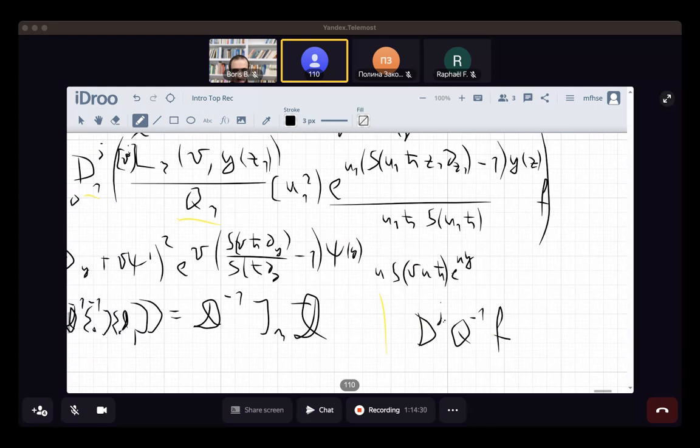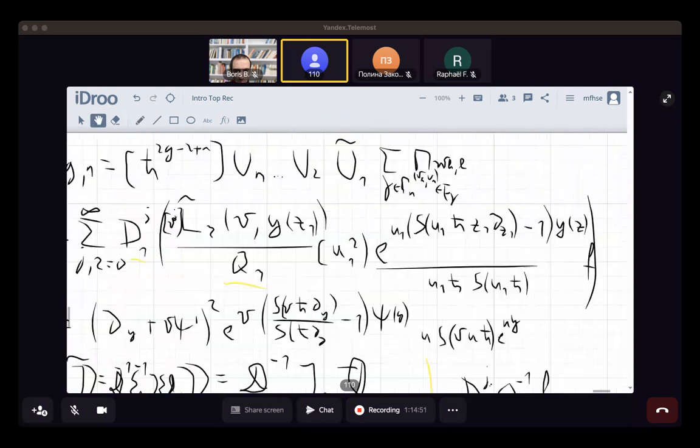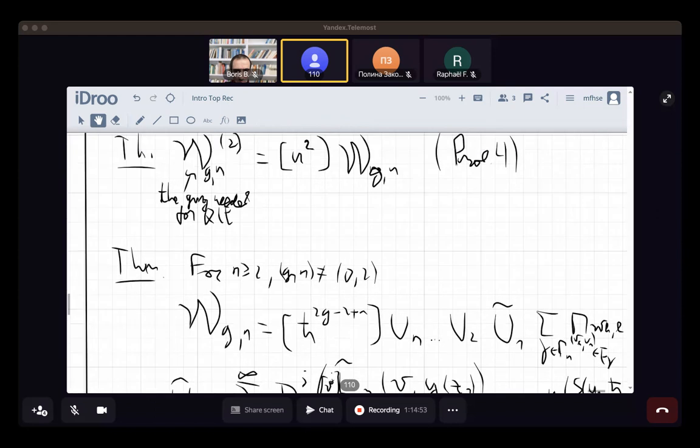And from there, we can see that the coefficient in front of some power of u, in particular U square, will belong to the space psi. And this will give us the quadratic equations, assuming that we also have the first theorem.